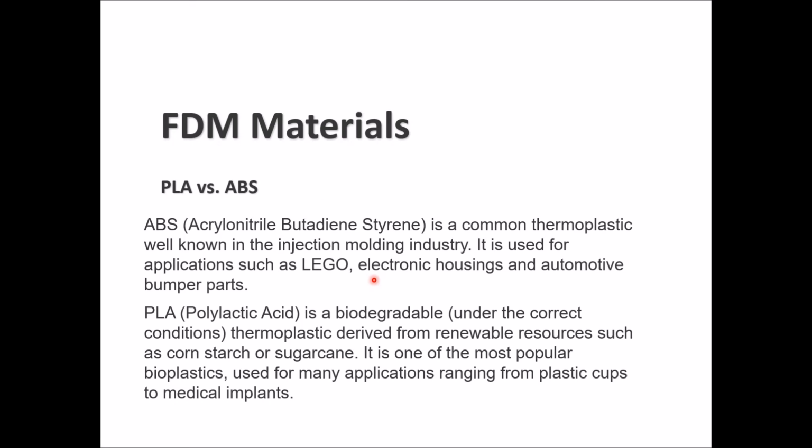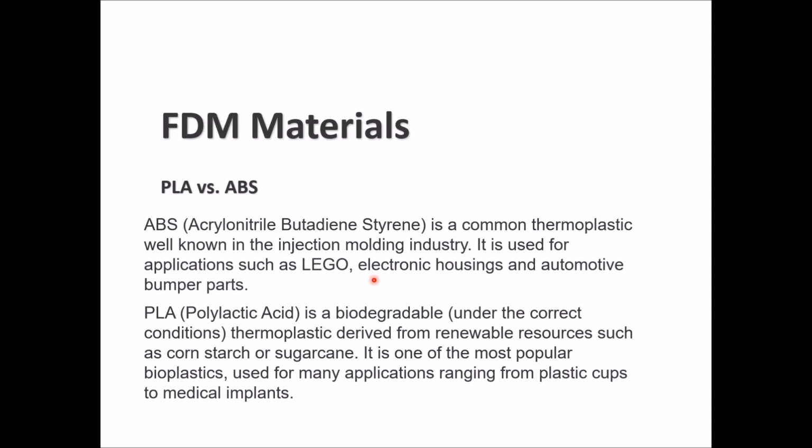Now if we compare PLA versus ABS: ABS is a common thermoplastic in the injection molding industry. It can be used for applications like the Lego that you see in the market, for electronic housing, which we mentioned before as enclosures, and even automotive bumper parts.